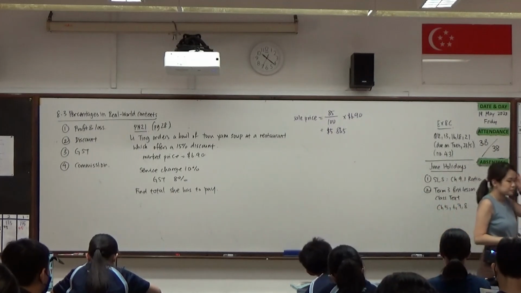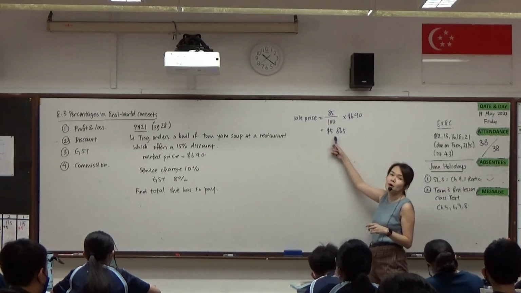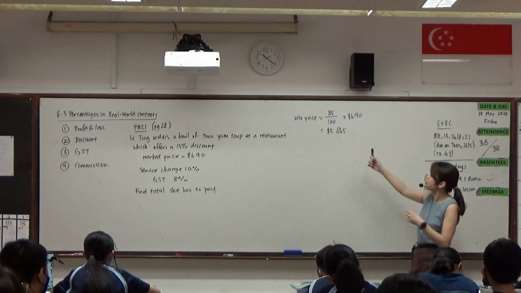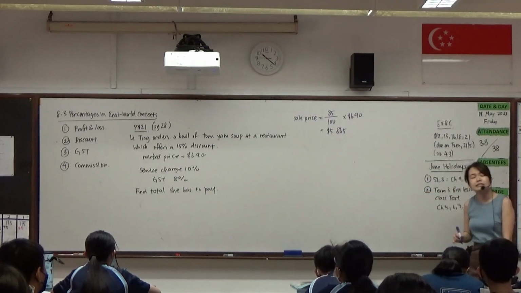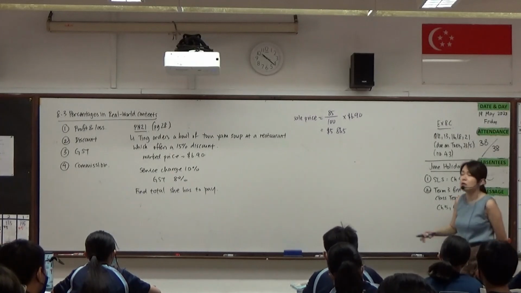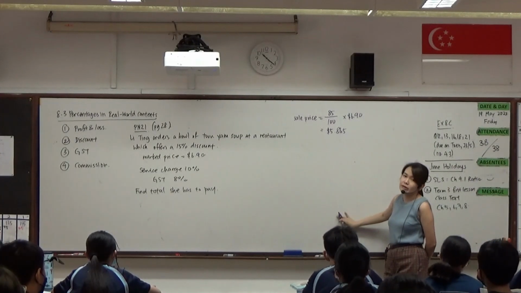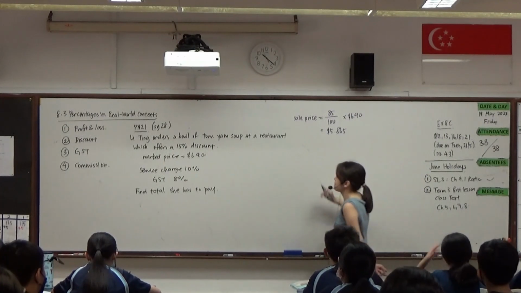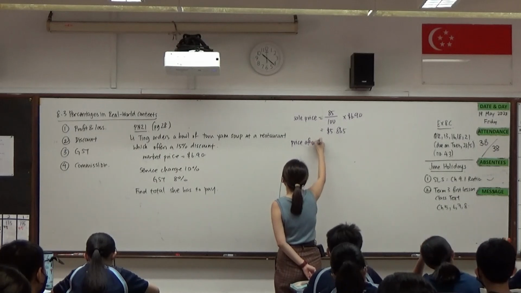Although logically it's not possible to pay for $5.865, in our calculation we should keep our answers as exact as possible. In fact, in a computer system, they will also keep to a higher level of accuracy before rounding off for the customers. Then we find out what is the price after service charge.